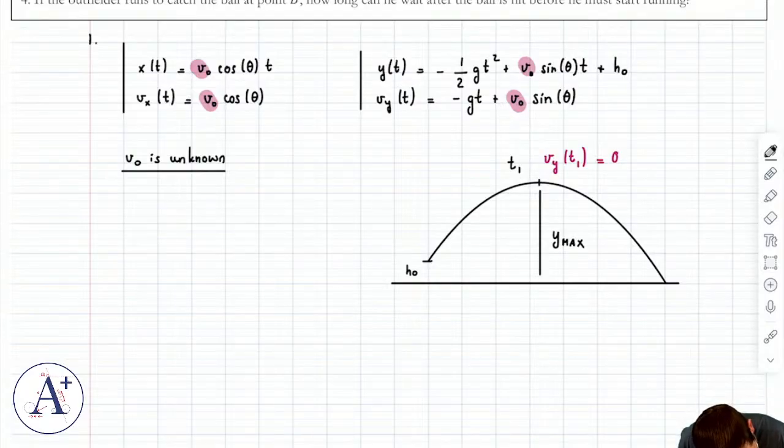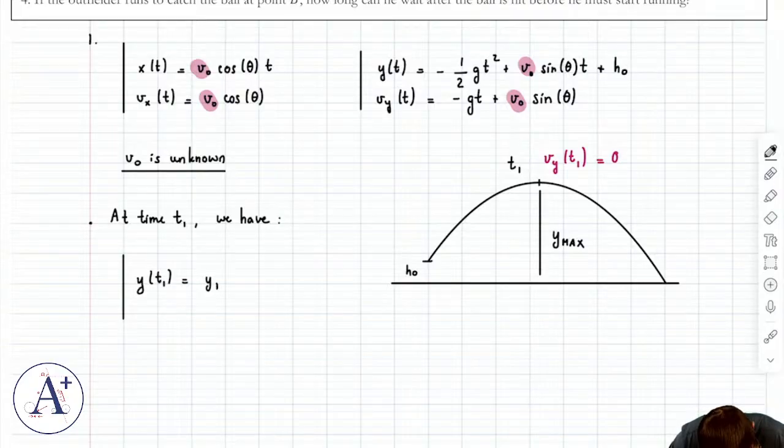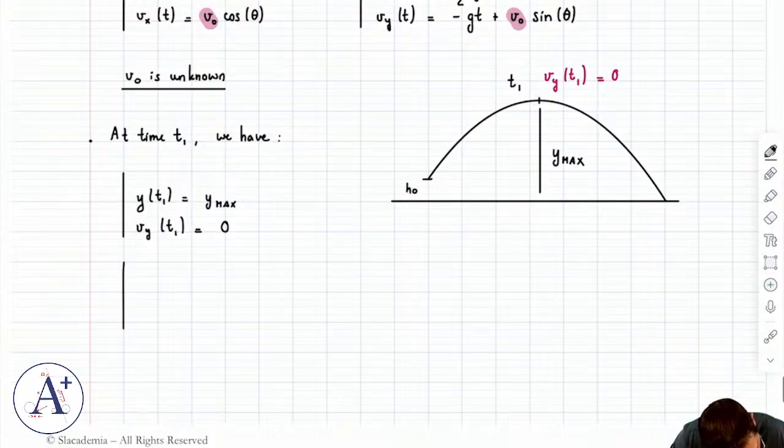But it's okay. Maybe I can write this. So at time t1, the following two equations have to be true. It has to be true that y of t1 is equal to y max, and Vy of t1 is equal to 0. Now this is what we just did in the previous problem. I'm telling you it's a classic question.